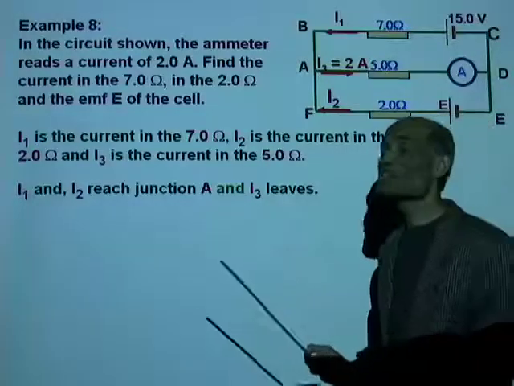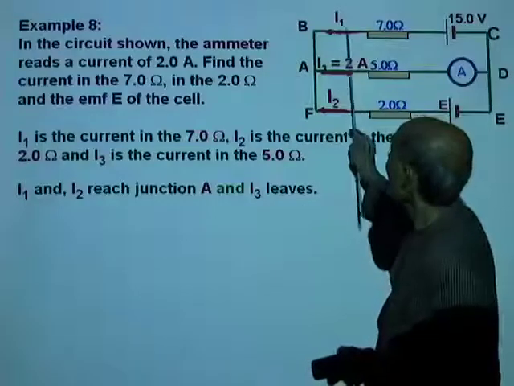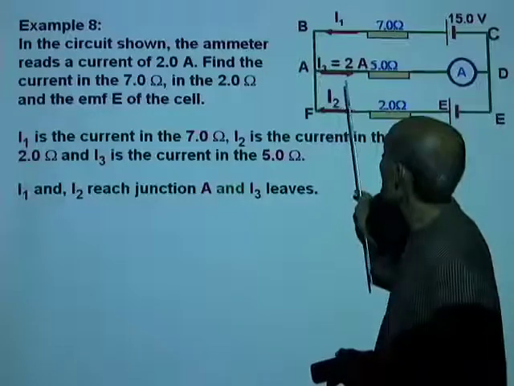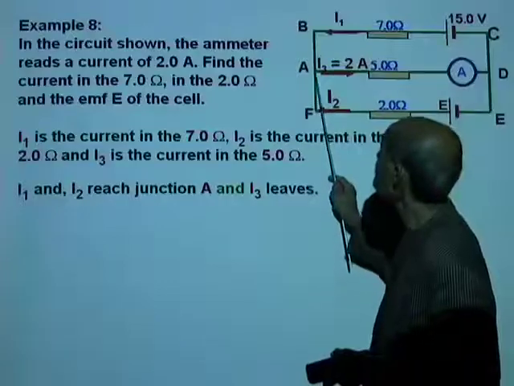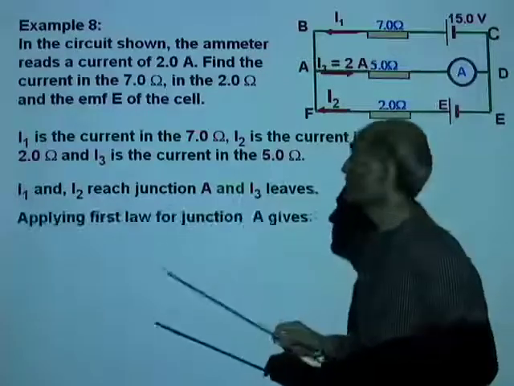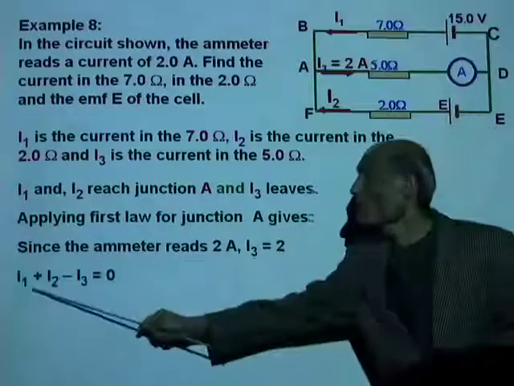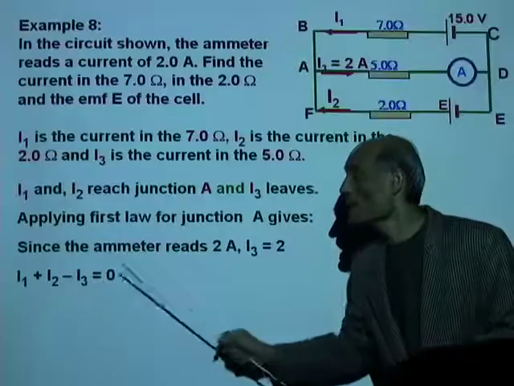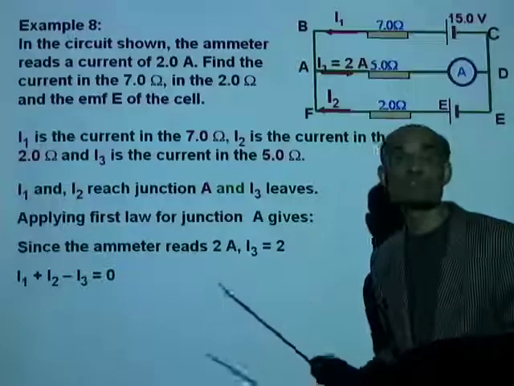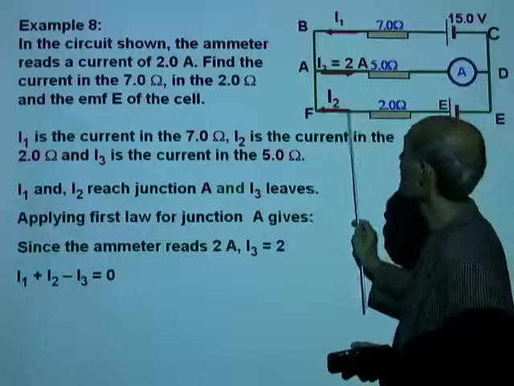Alright, give me an equation connecting I1, I2 and I3. I1 is reaching A, I2 is reaching A, I3 is leaving A. Therefore, we can write I1 plus I2 minus I3 equal to 0. Is that right? I1 reaches A, that is positive.